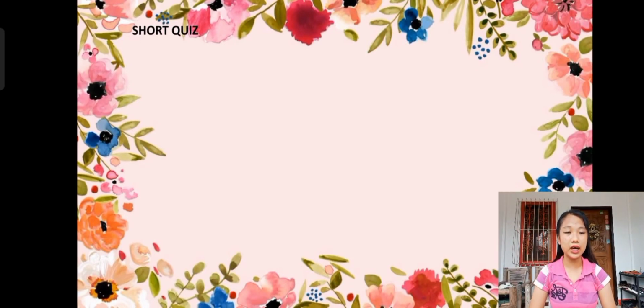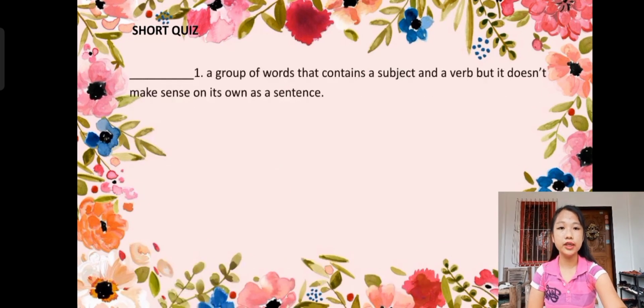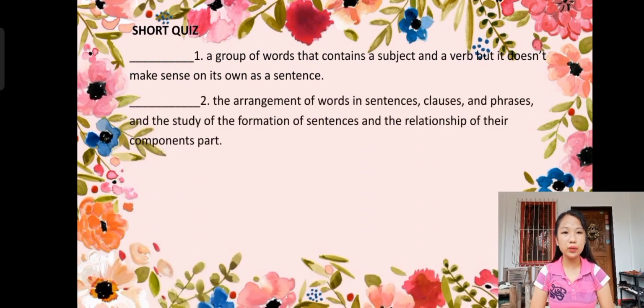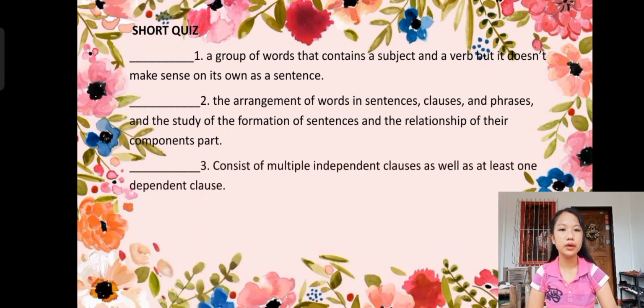Before we end our discussion, I prepared a short quiz. You can answer it if you want. The first one is a group of words that contains a subject and a verb but doesn't make sense on its own as a sentence. The second one is the arrangement of words in sentences, clauses, and phrases, and the study of the formation of sentences and the relationship of their component parts.